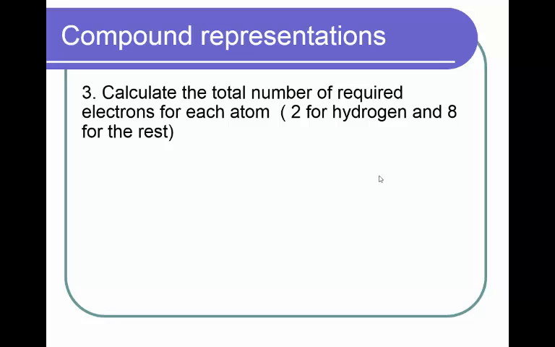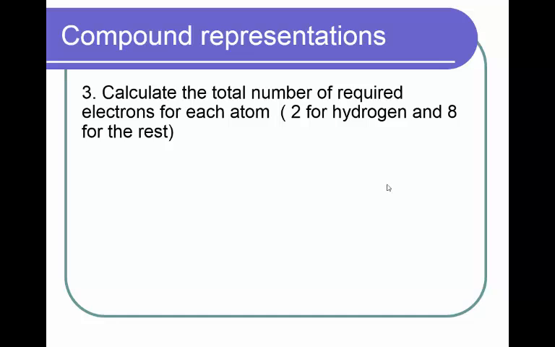Then we would move on to step number 3, and now we calculate the total number of required electrons for each atom. As you know, this number corresponds to the number of electrons that are needed to fill the last shell.